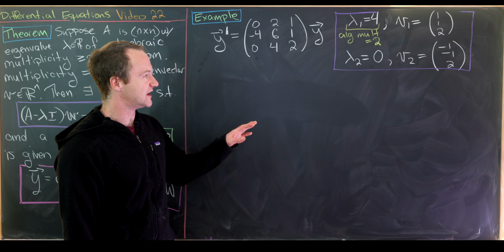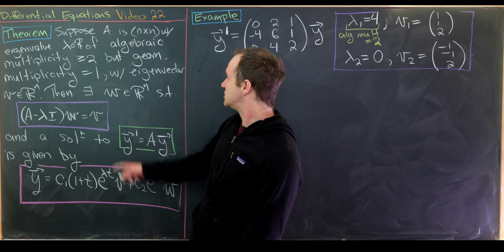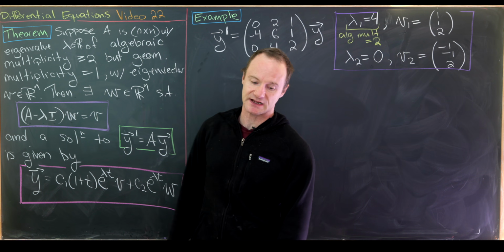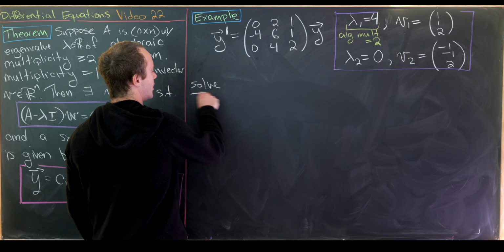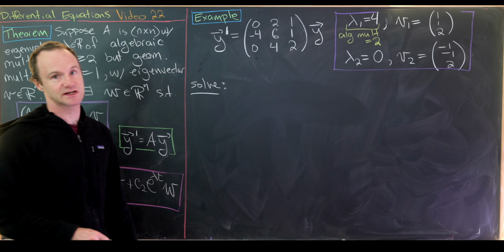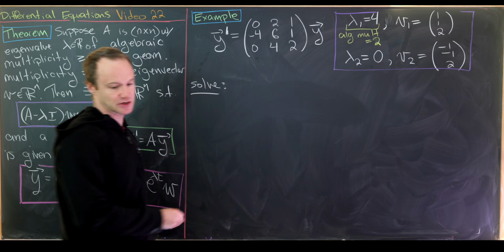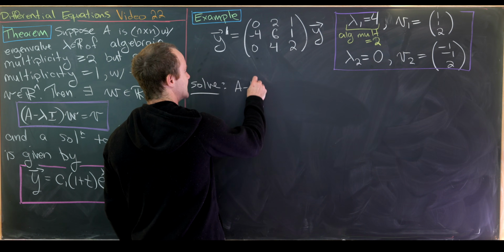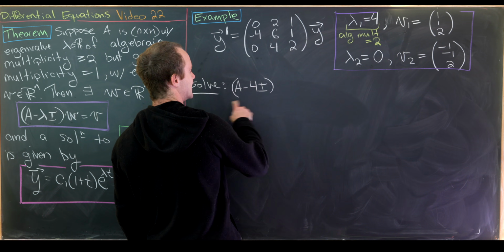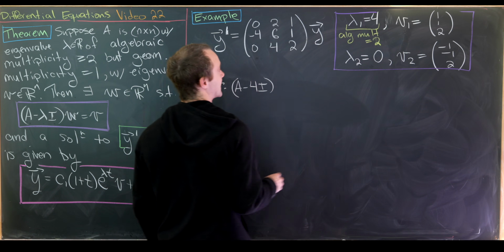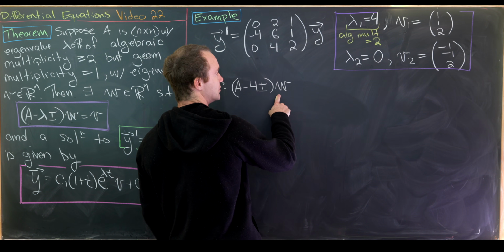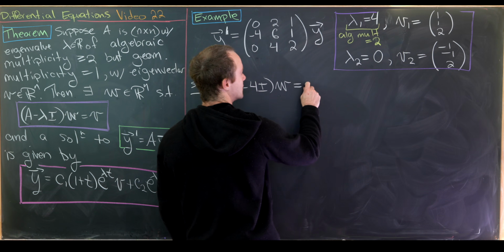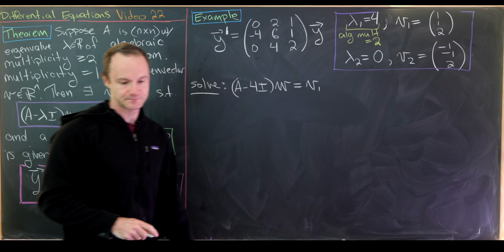So in order to finish this thing off, what we need to do is find the corresponding W vector. So that means we need to solve the following matrix vector equation. It'll be A minus 4 times the identity matrix, because it'll be this eigenvalue right here, times a vector W, which is to be found, equals V1.